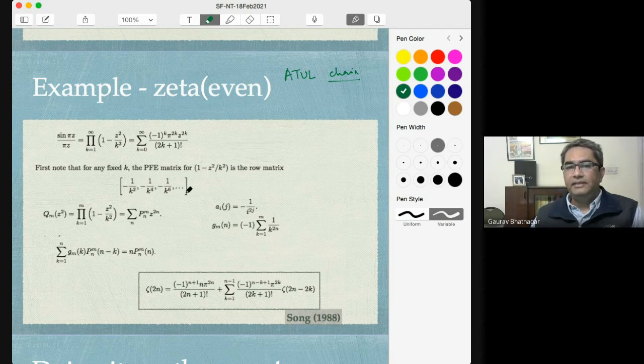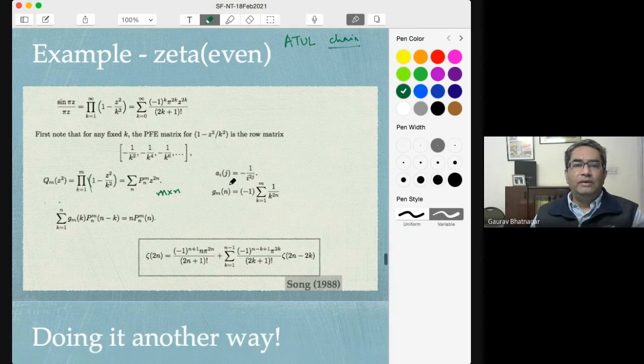It's a row matrix. Then I can take m of these products, k going from 1 to m, and whatever the partition function, I get an m cross n matrix, because I can put the rows one on top of the other by my second step. Then the column sums are 1 over k raised to 2n for k going from 1 to m.